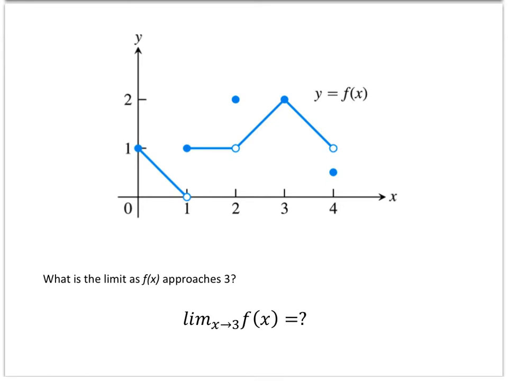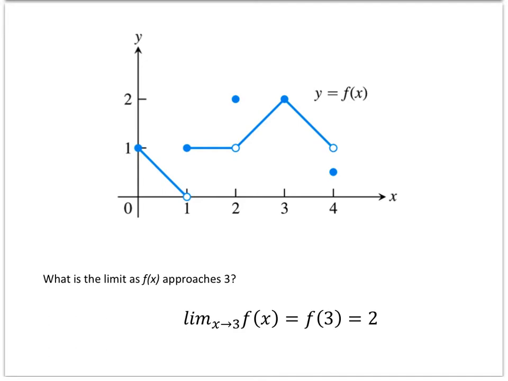I'll mention that again. All right, as x approaches 3, what's the limit? 2. In other words, as I'm coming from the left and from the right, it's 2, and the value of the function is also 2. Remember early on, I warned you that limits have nothing to do with the exact value of the function, maybe.